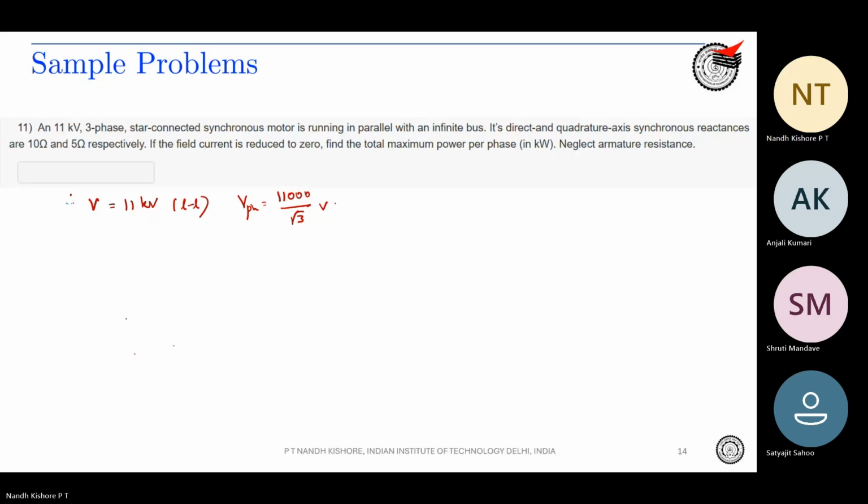And it is running in parallel with an infinite bus. Its direct and quadrature axis reactances are 10 ohms and 5 ohms respectively. So XD is 10 ohm, XQ is 5 ohms. If the field current is reduced to zero, find the total maximum power per phase in kilowatt.